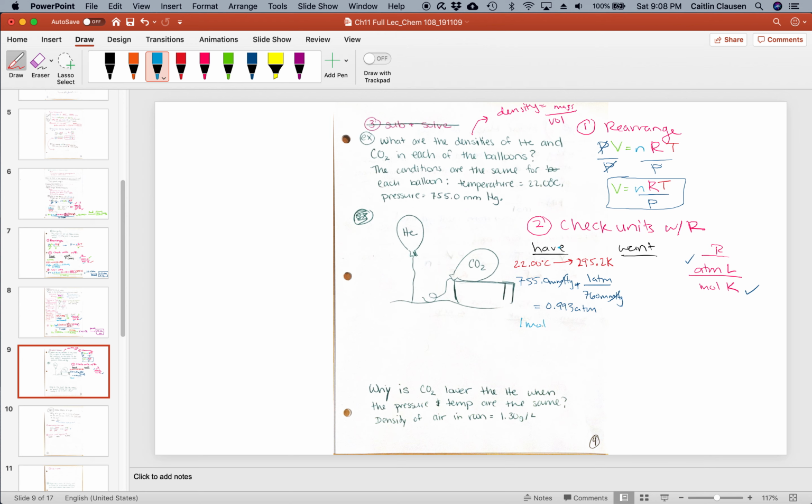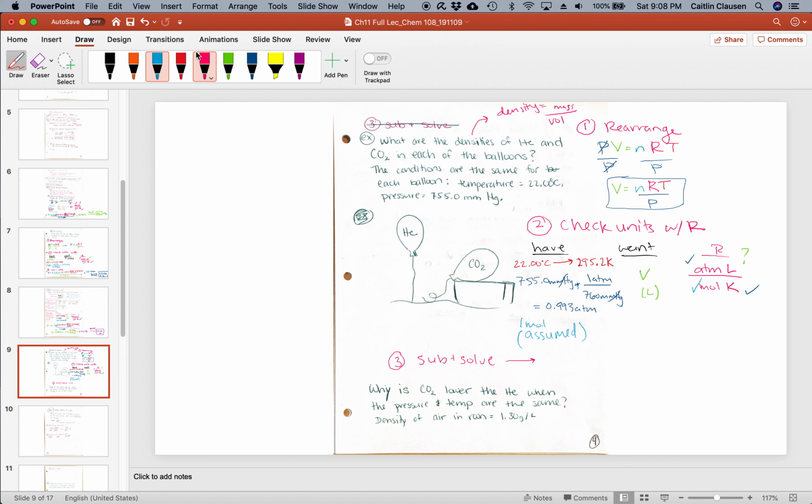And if we're assuming 1 mole, and we know that we want the volume in liters, we can now go on to step 3, which is substitute and solve.